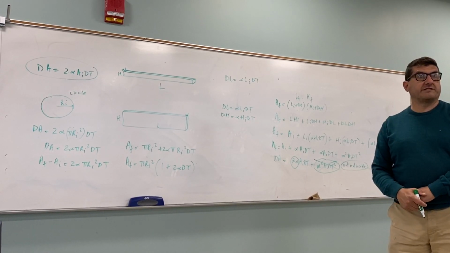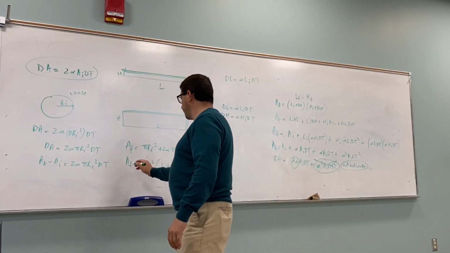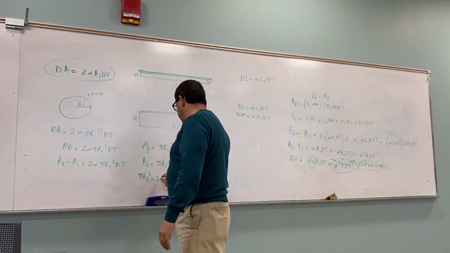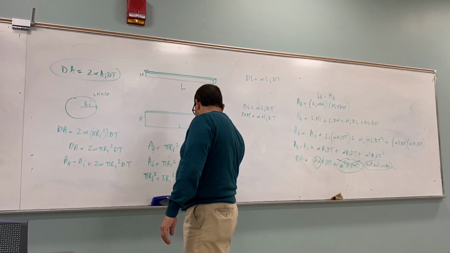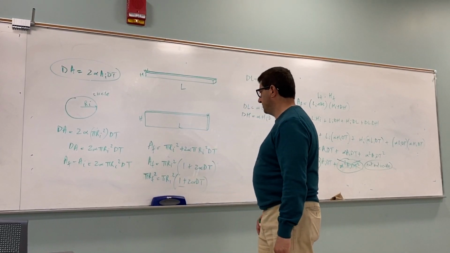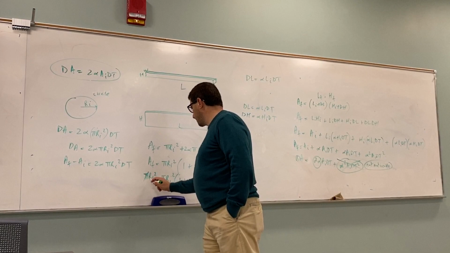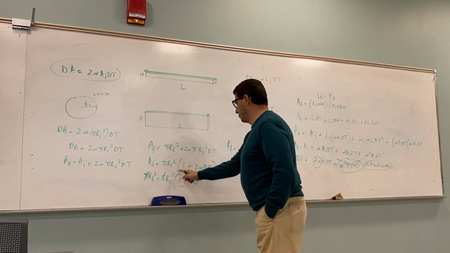Now if I want to know what the final radius is, I could say A final is pi r final squared. Then cancel the pi, and then r final is going to be the square root of this.